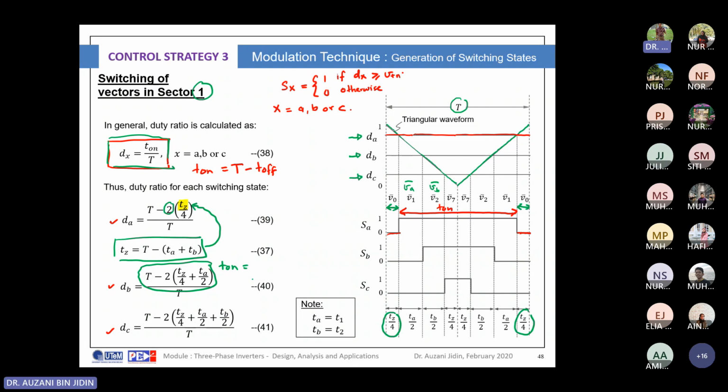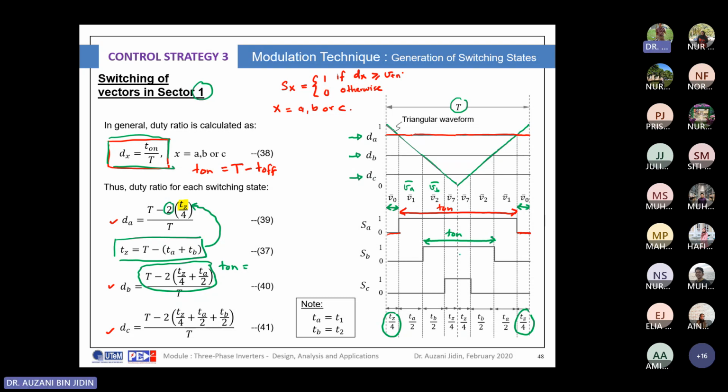If you look at the diagram, we can define the T on starting from this point to here. Is it right? Because the state SB is 1, meaning the top switch for the phase B, the leg number 2, is turned on. So here is your T on now.